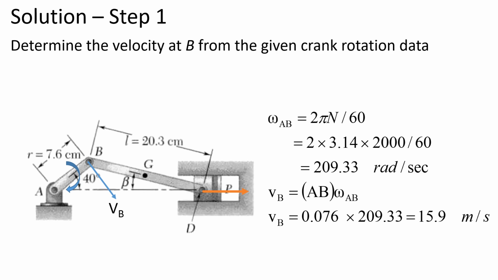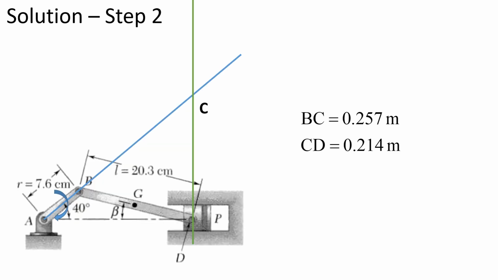The directions of velocity vectors at B and D are known and shown in blue and orange in this figure. Solution: Step 2.